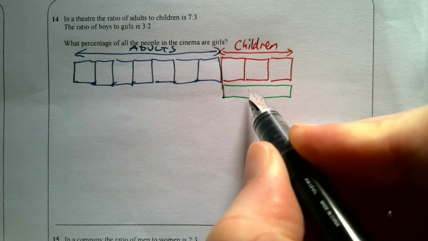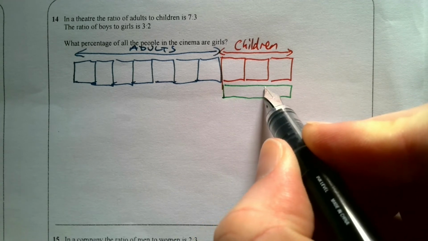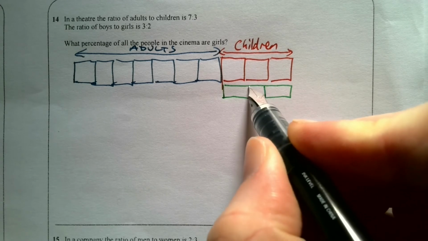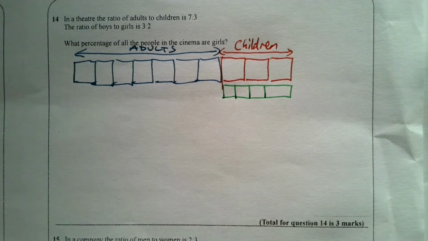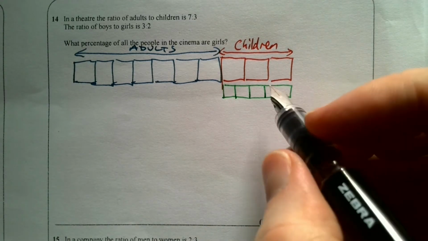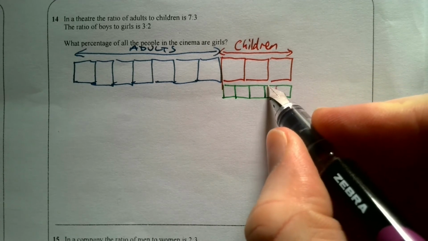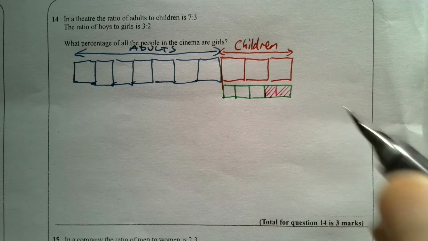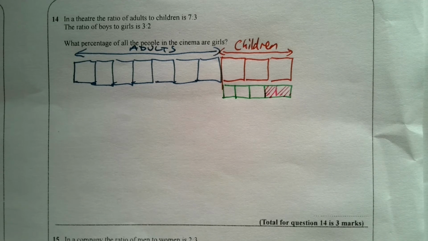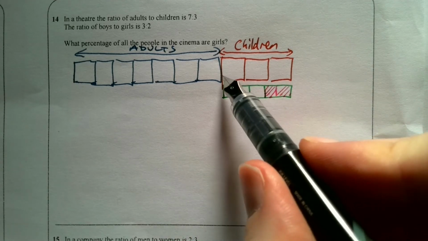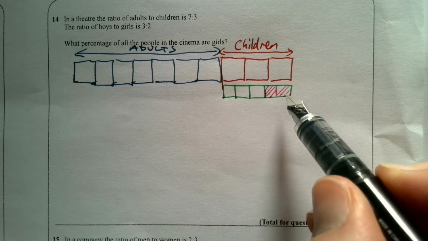It's being split into 5. So it's going to be a bit like that and that. So if we say that these ones here are the girls, we have got 3 parts here and 5 parts here.